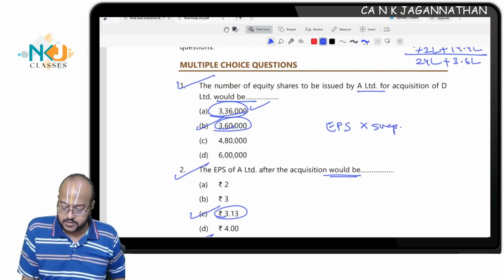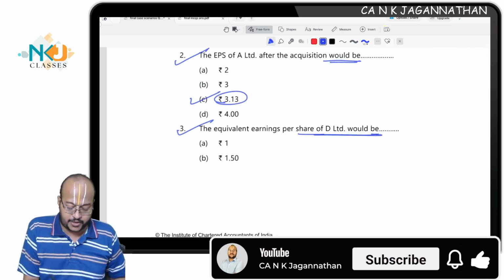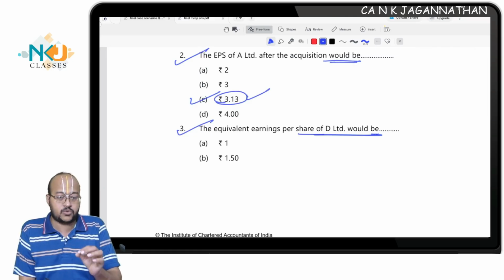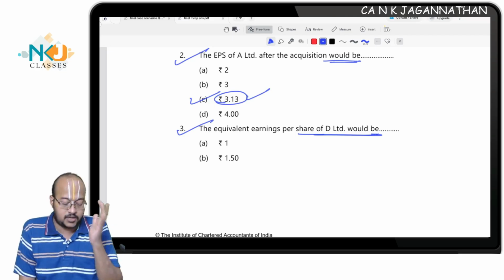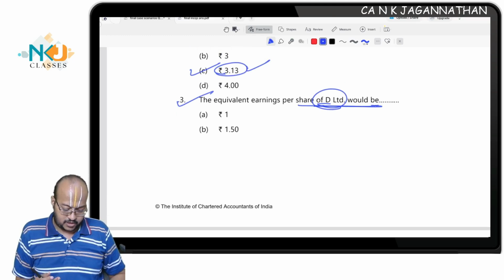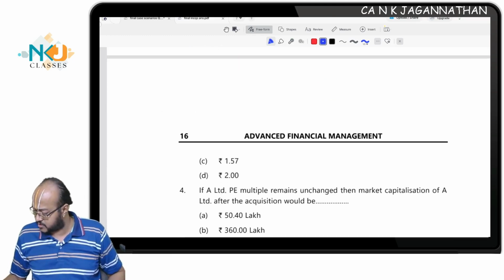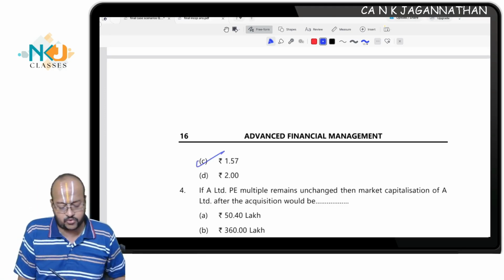If you apply this swap ratio to it, you will get the value. For example, 3.13 is the merged entity's EPS, into the swap ratio will give you the equivalent EPS of D Limited. What is that? 3.13 into 50%, or 3.13 into 0.5. How much is that? 1.563, rounded off to 1.57.